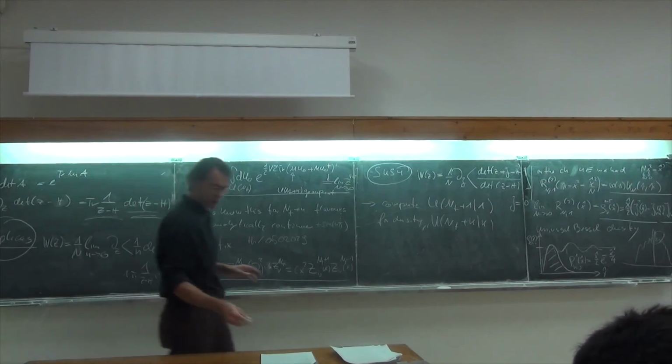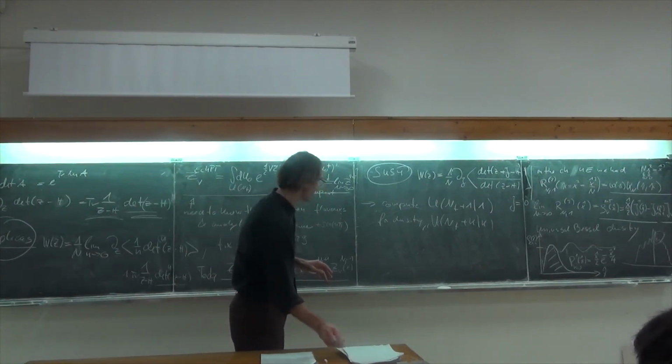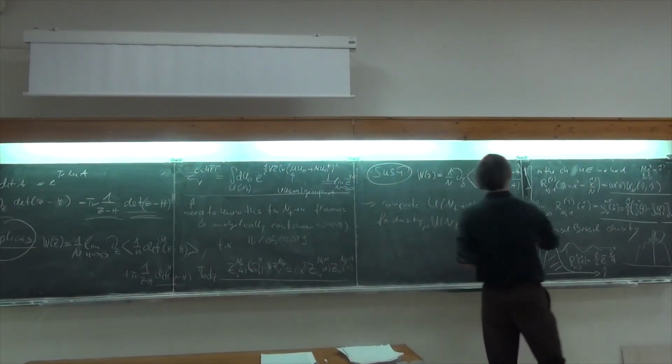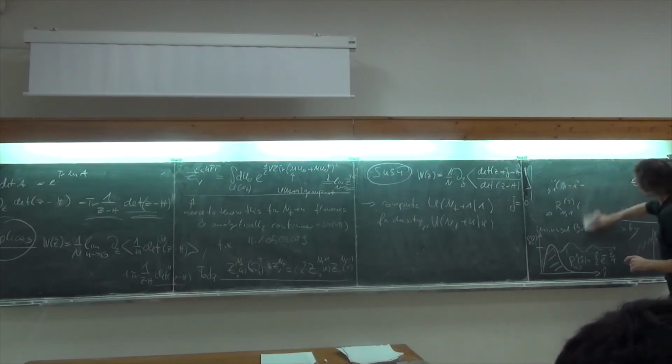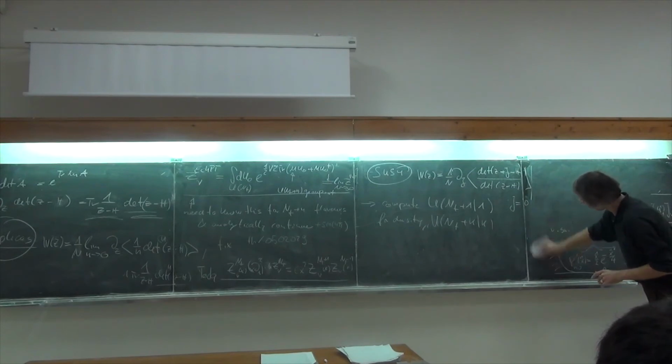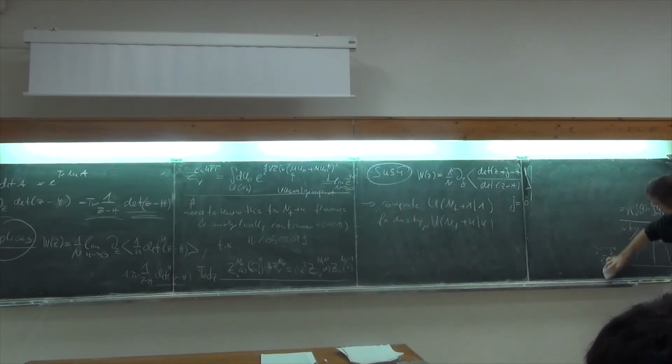Now I think the last minutes I would like to spend just to say some closing remarks of what I didn't do and what is interesting. So if you have any questions on QCD, please ask now.